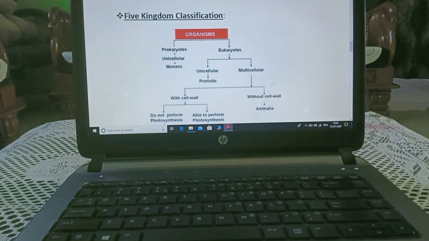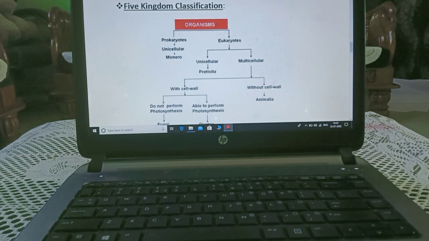Now we are starting our five kingdom classification. It was given by Whittaker and according to this, all organisms were divided into two parts, that is prokaryotic and eukaryotic. Prokaryotic means those having old cells and eukaryotic those having new cells.